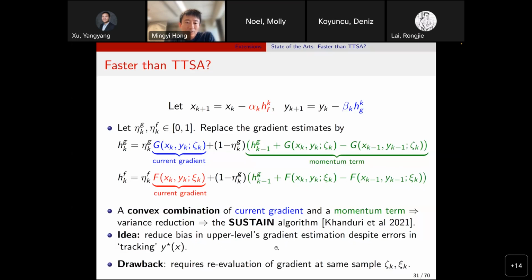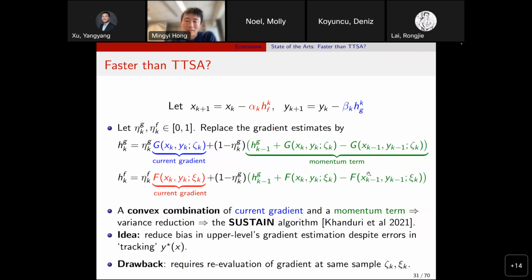So basically, we're trying to reduce the error coming out of the gradient estimation. The drawback here is that it requires reevaluation of the gradient at the same sample. Recall that the samples here are all the same. So even for the previous iteration, I cannot directly use something out of memory, but need to recalculate this G at the current sample.